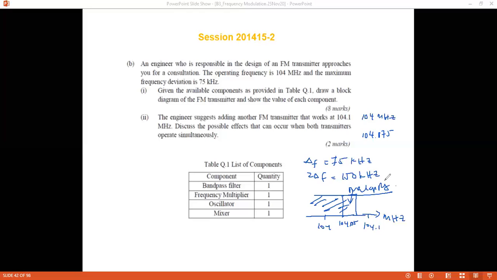So the possible effect that can occur is interference due to overlapping frequencies between 104 and 104.1.